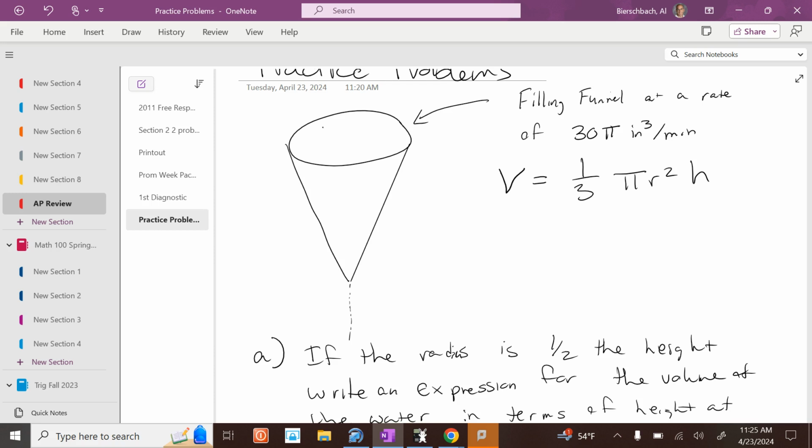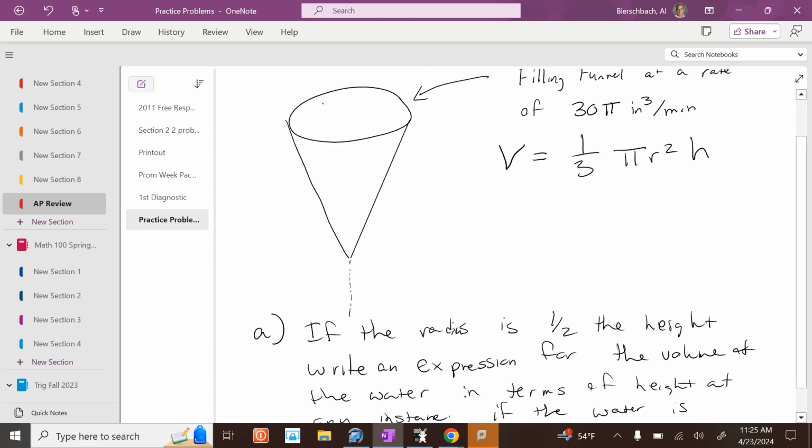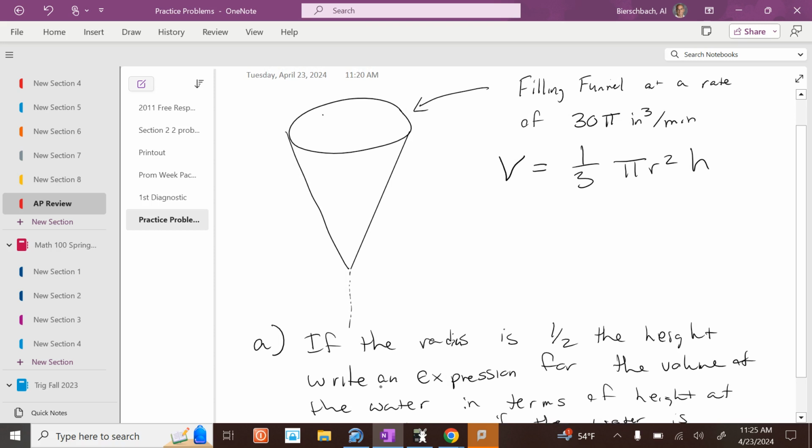All right. So, what are we told in A? The radius is what of the height? Half the height. So the volume equals 1/3 pi. Radius is half the height.